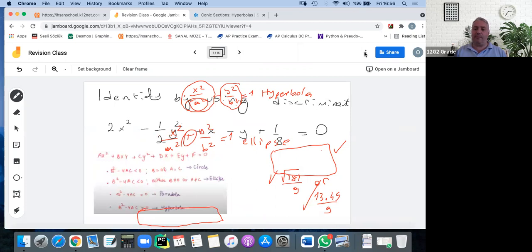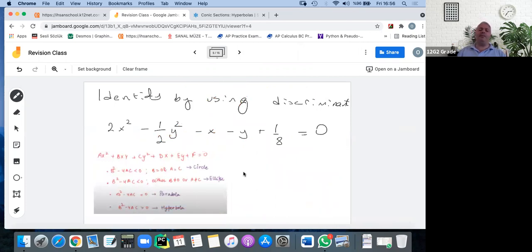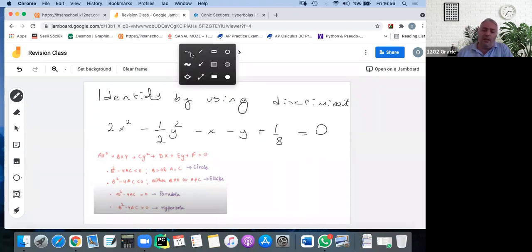So I am passing to another question type. Yeah, it's a famous question type. So there will be one question. It says identify the given conic section equation, I mean, conic figure, whatever, by using a discriminant. So it will be given in the examination.